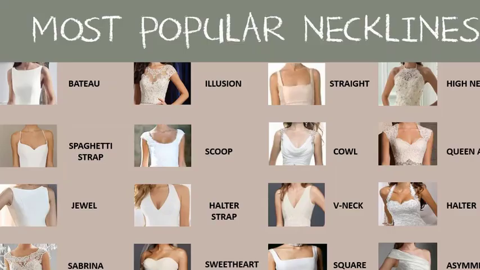The 16 most popular types of necklines when it comes to your wedding dress are bateau, illusion, straight, high neck, spaghetti strap, scoop, cowl, Queen Anne, jewel, halter strap, V-neck, halter, Sabrina, sweetheart, square, and asymmetric.